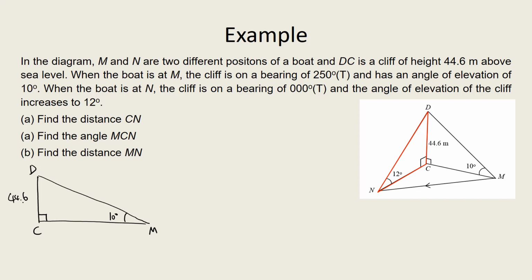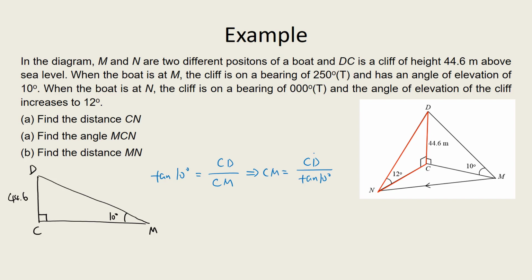Can you find the distance CM on your own? Again, we use tangent of 10 degrees. Tangent 10 degrees is equal to CD over CM. I'll make CM the subject of this equation, so CM will be equal to CD over tangent 10 degrees.